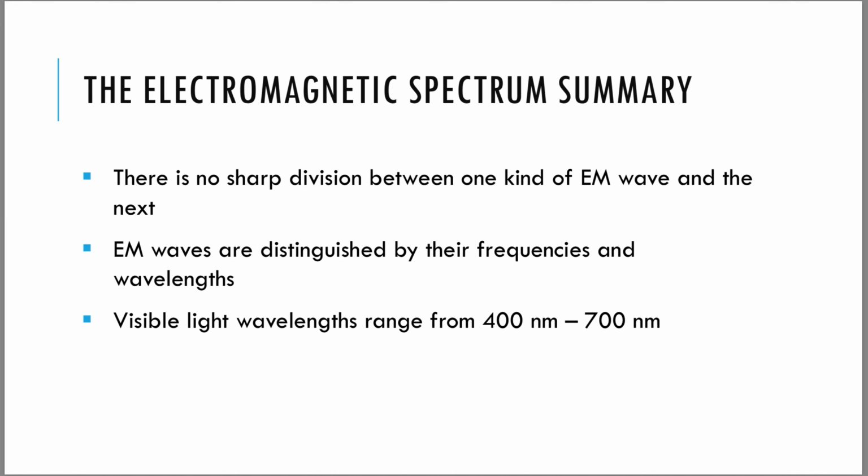And finally, I wanted to highlight the fact that visible light is just a very, very small part of the spectrum that we can actually see, and the range of these wavelengths is from 400 nanometers to 700 nanometers. We'll see these numbers again. Maybe we'll solve for the wavelength of a light when we do a problem, and then we'll see that we do get a number between this range for visible light.